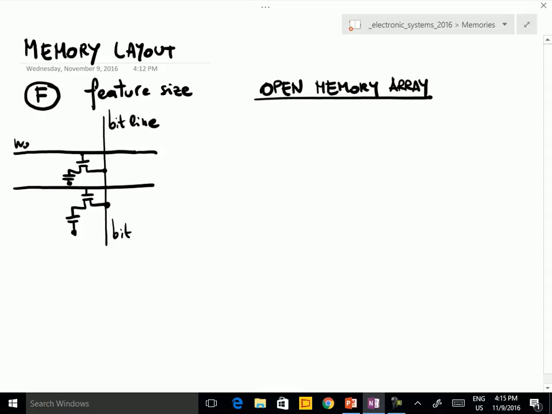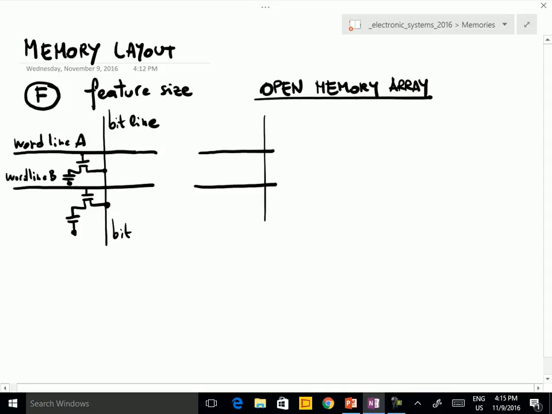So this is word line A and word line B. And it is useful to draw the circuit first. So what is typically done is the following thing. We refold these two transistors in this way.